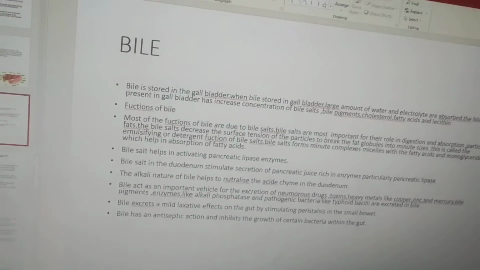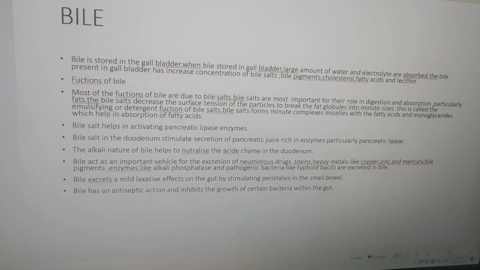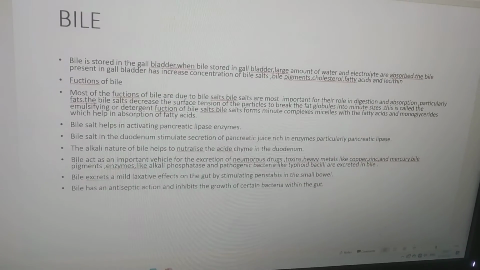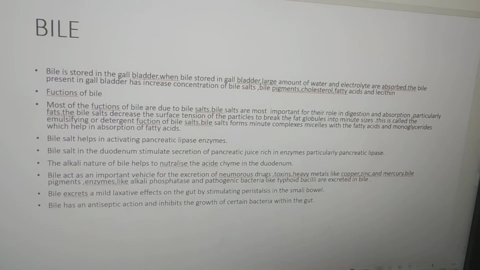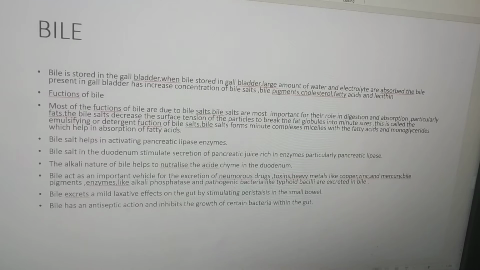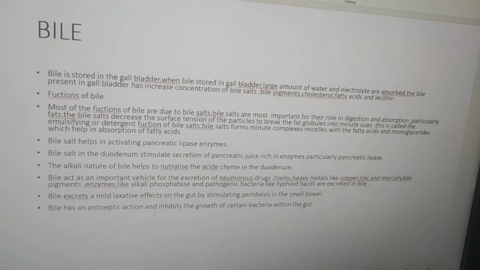Then bile. Bile is stored in the gallbladder. When bile is stored in gallbladder, a large amount of water and electrolyte are absorbed, and bile present in gallbladder has increased concentration of bile salts, bile pigments, cholesterol, fatty acid and lecithin.